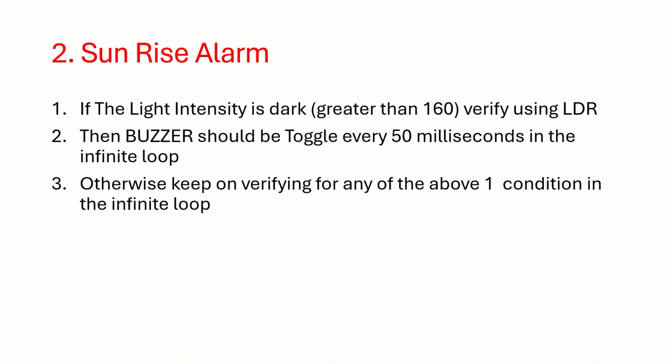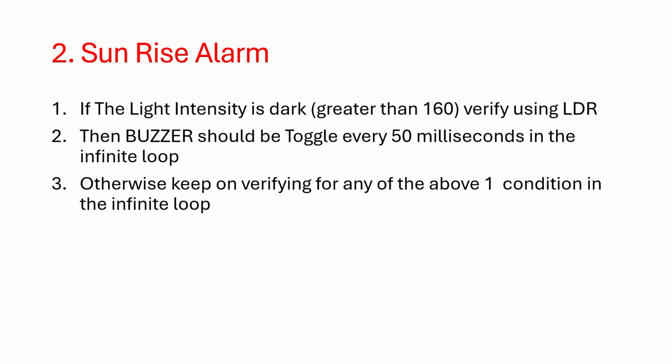All right, so the second problem statement case study we would like to implement is the sunrise alarm. Sunrise alarm means, for example, daytime, early in the morning. If the sun rises and the ambient light intensity increases, then probably you want to switch off your lights, fans, or whatever.